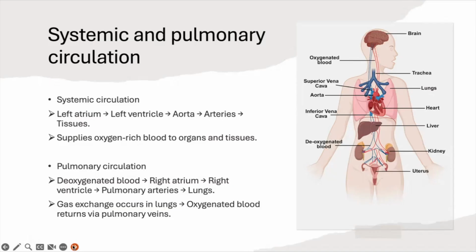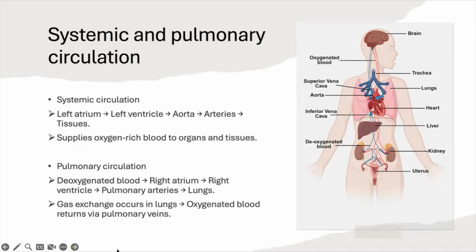And when the left ventricle contracts, the blood flows into the aorta, which is a major branch coming from the heart that supplies blood to different parts of the body. This aorta is divided into several arteries that supply blood to various organs and tissues.